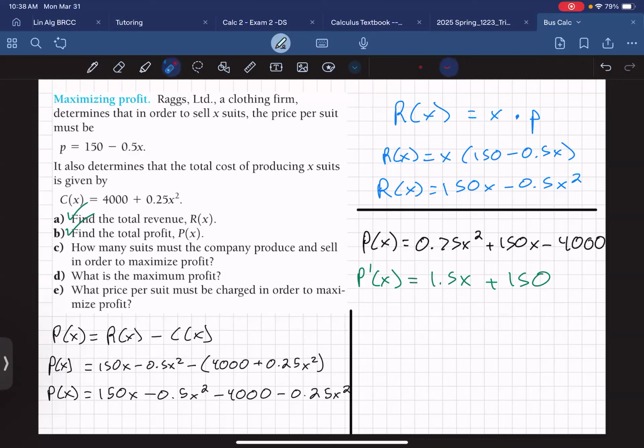Make sure you see here the 4,000 is a constant term, so it's gone to 0. This is a linear term, so that's why just the x dropped off. But 0.75 times 2 is where I'm getting the 1.5 from. The reason I say it's nice is because when you set this equal to 0, 1.5 works nicely with the 150.